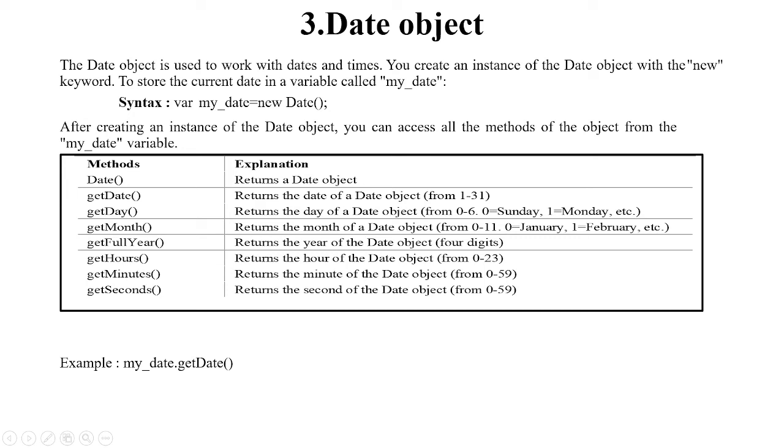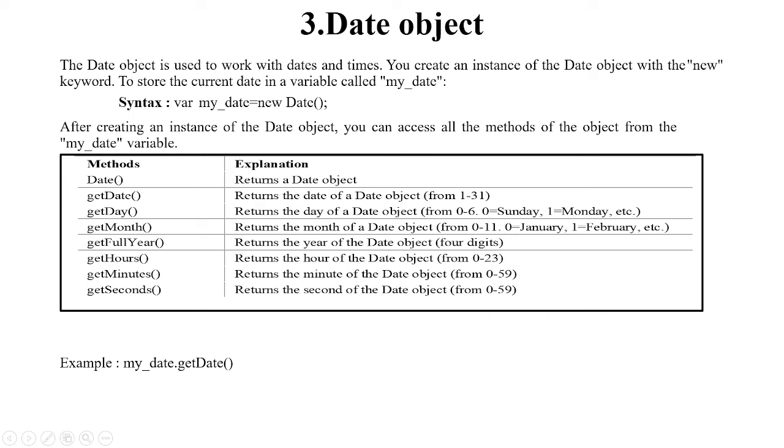After creating the instance of the date object, you can access all the methods of the object from the myDate variable. There we have listed different types of methods associated with this date object.